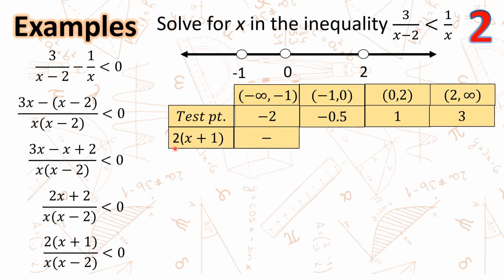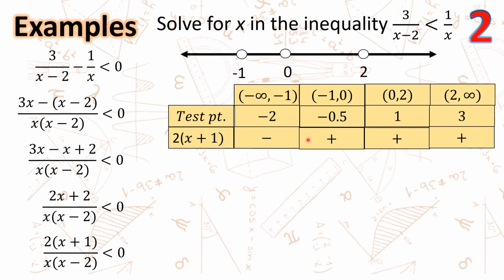At interval negative infinity to -1, 2 times x plus 1 is negative, using the test point -2. At test point -0.5, this is positive. And at test point 1, this is positive. Also at test point 3, positive.